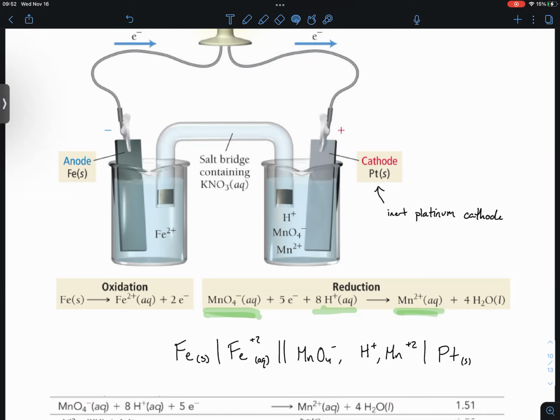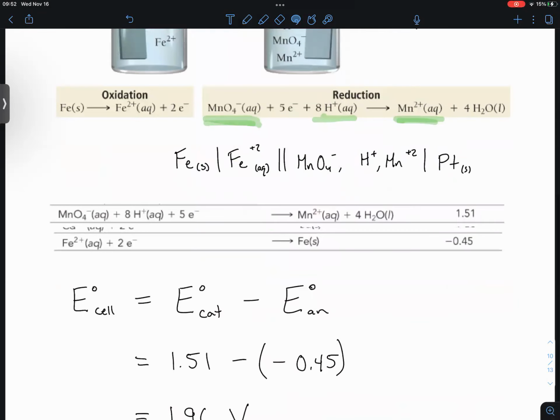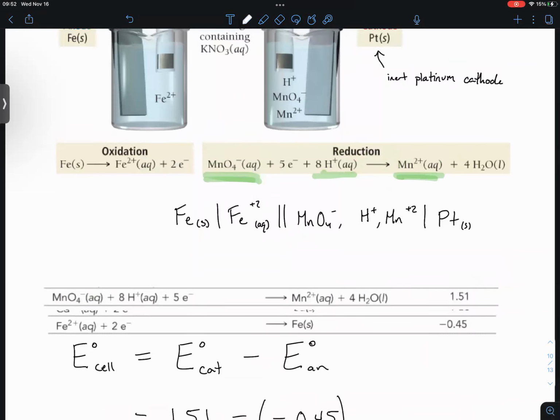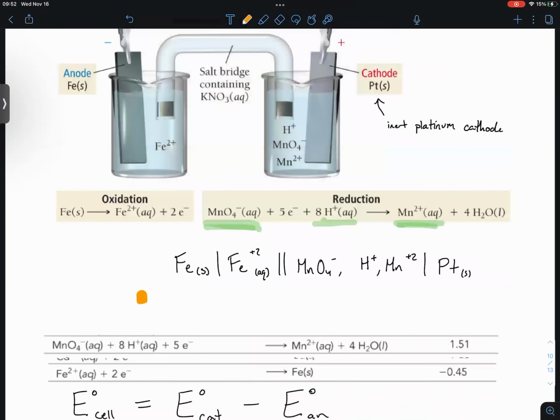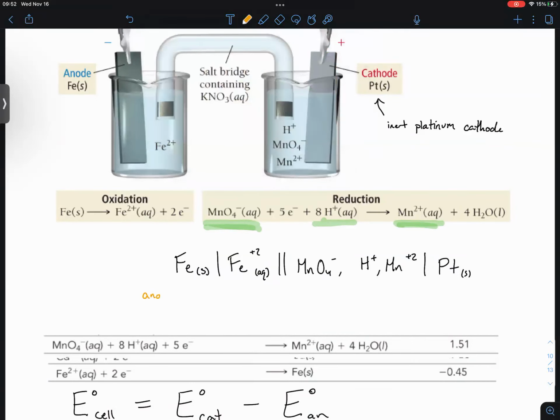All right, so that's how I would do my electrochemical cell notation here, because again, if we're going to break this apart for these components, we said that that first box was the material at the anode. Anode material, which in this case was that solid iron.